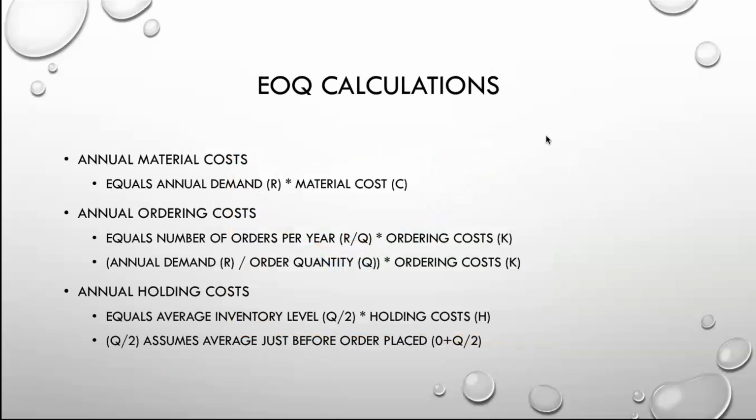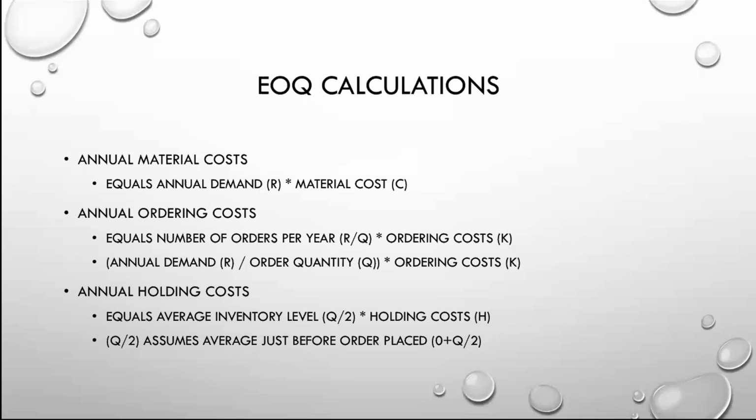So for the calculations that we do for EOQ, there's three costs that we calculate. The annual material costs, which equals demand times material costs. So obviously, if each item costs $1 to make and you have 1,000 in your demand, your annual material cost in that scenario would be $1,000.